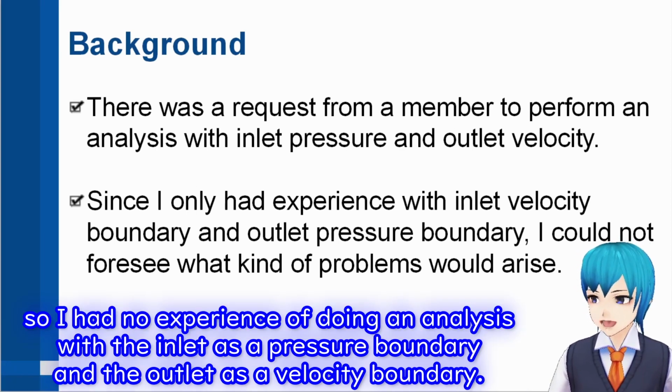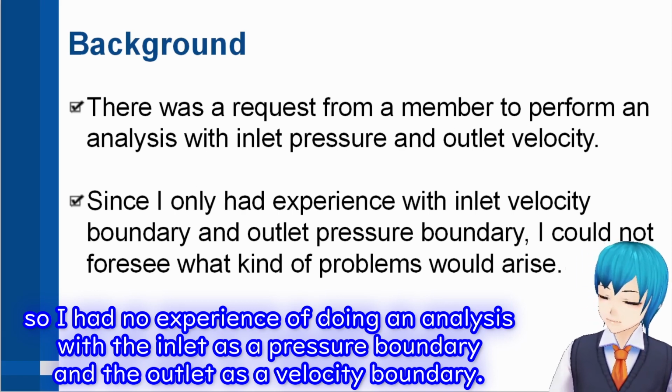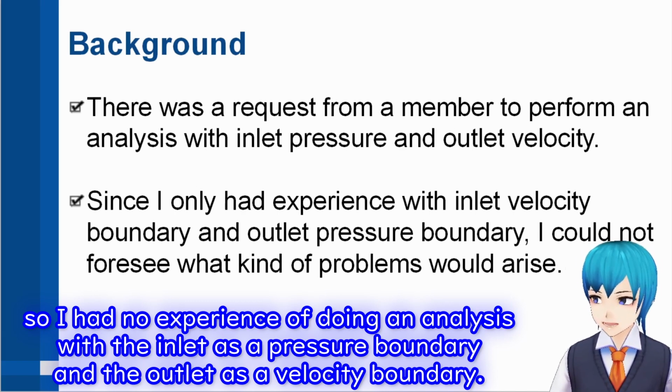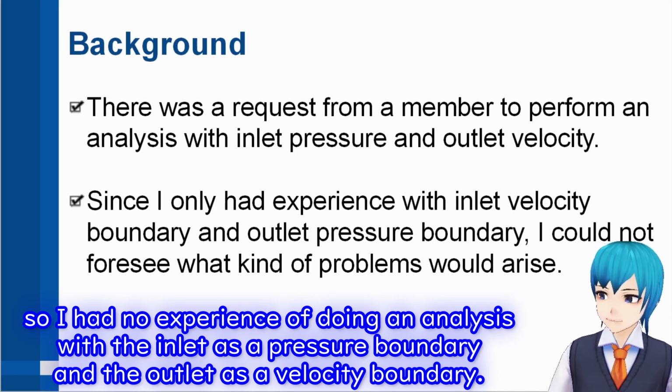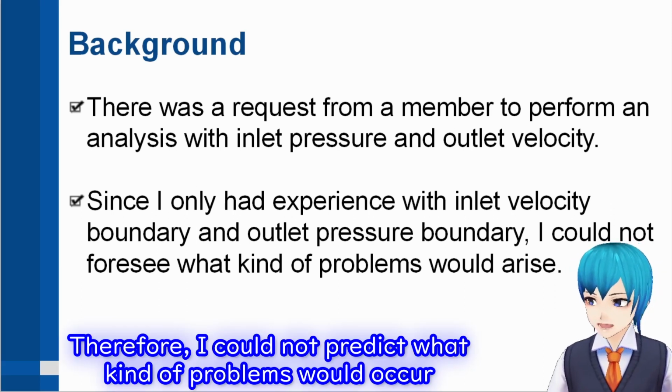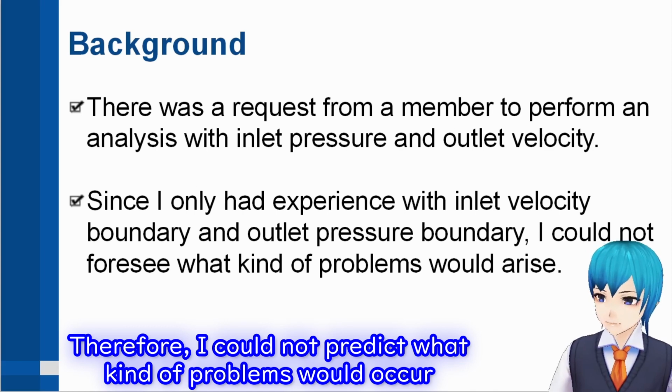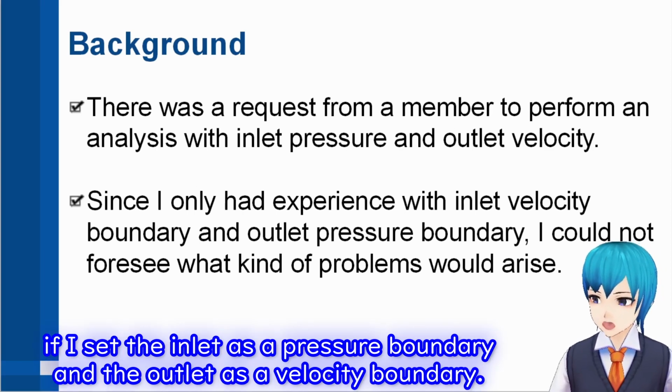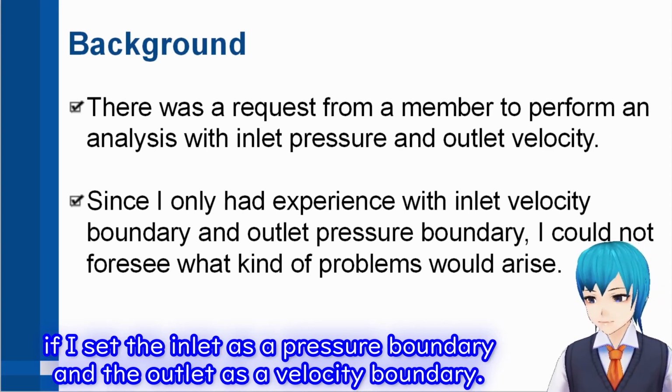So I had no experience of doing an analysis with the inlet as a pressure boundary and the outlet as a velocity boundary. Therefore, I could not predict what kind of problems would occur if I set the inlet as a pressure boundary and the outlet as a velocity boundary.